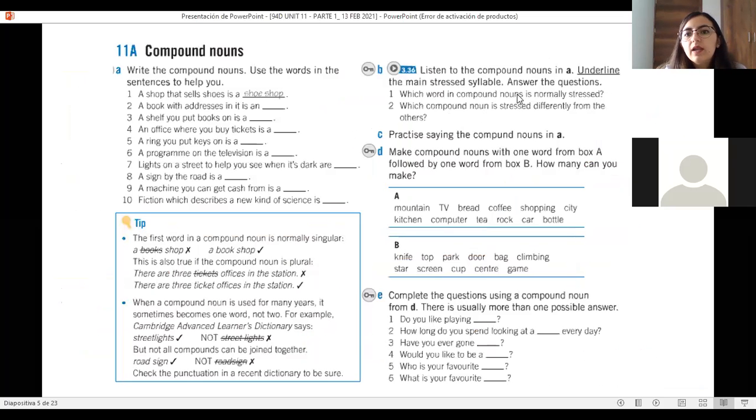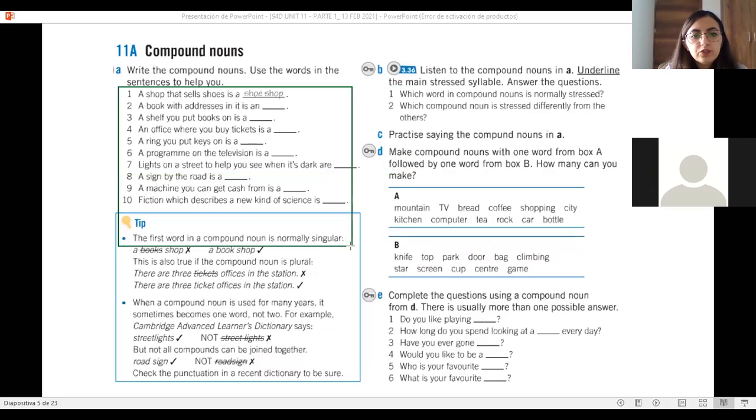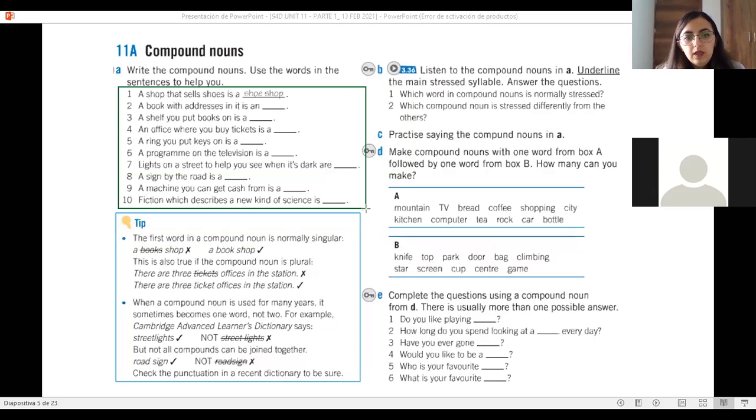Here we are. You're going to see that here we have a few descriptions of what will be the compound noun.